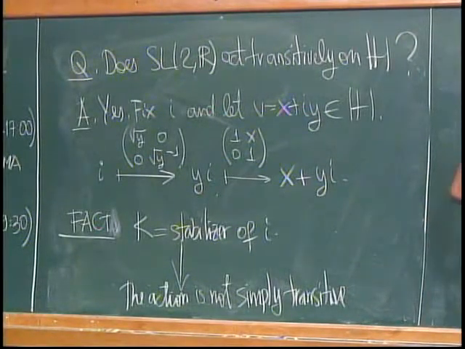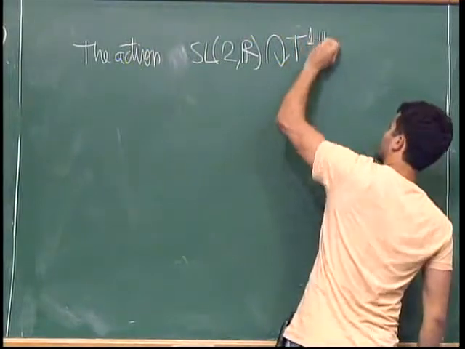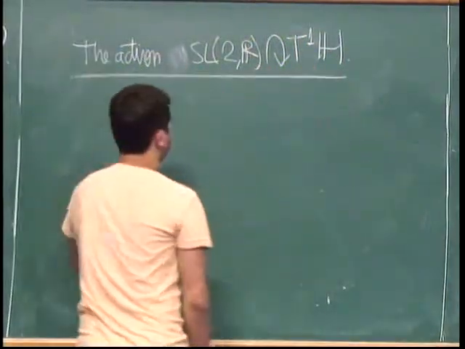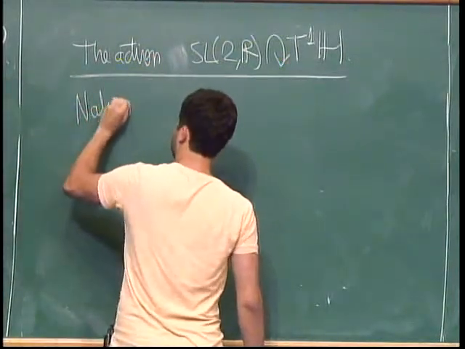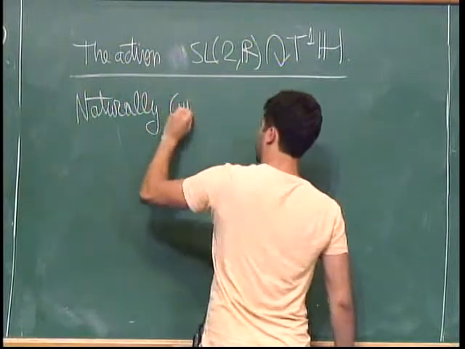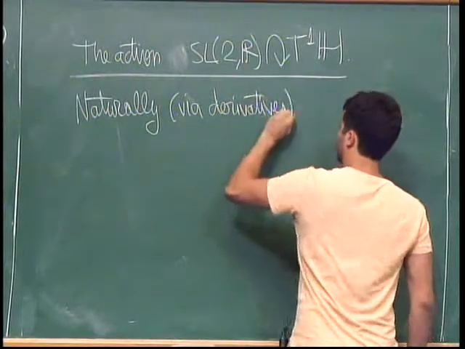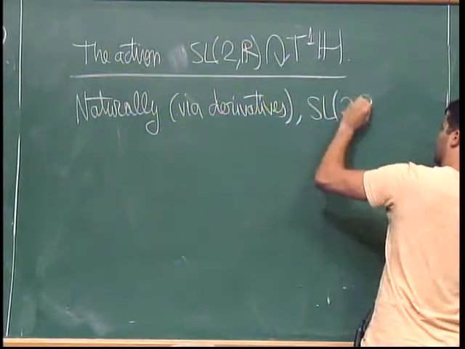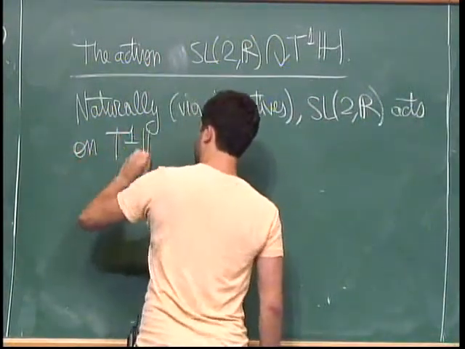Okay, so now let's go to the action of SL2R on the unit tangent bundle of H. As I told you, naturally, via the derivative, SL2R acts on the unit tangent bundle.